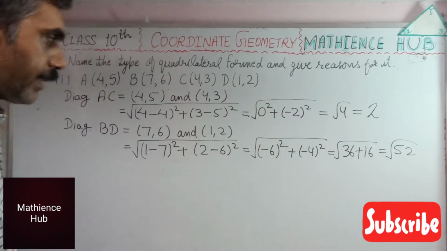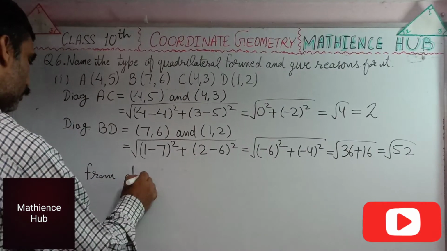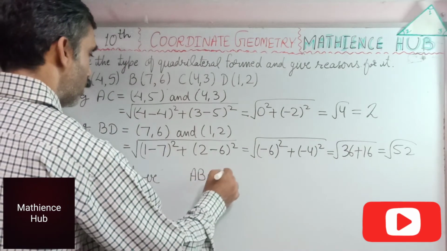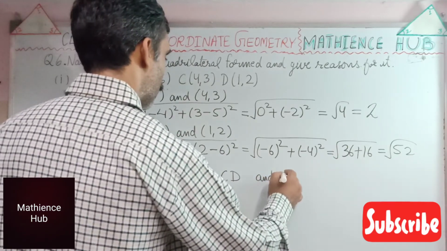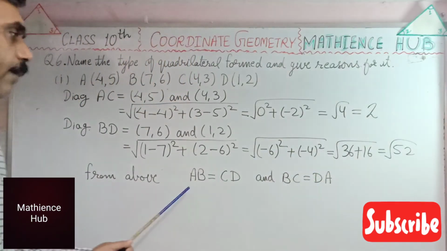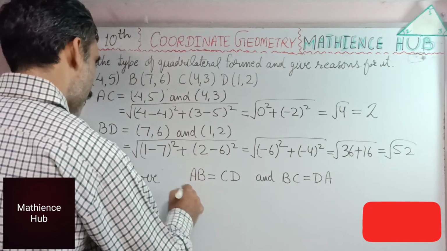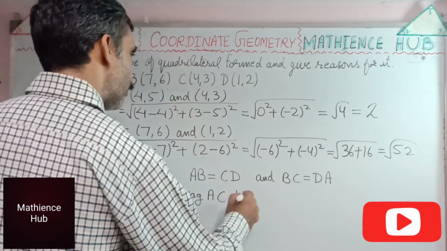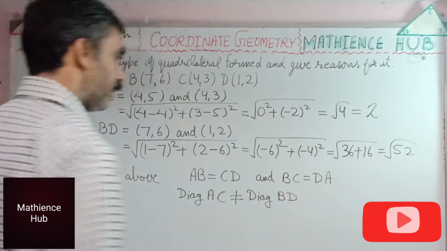We see here that AB equals CD and BC equals DA. Opposite sides are equal. Diagonal AC is not equal to diagonal BD.